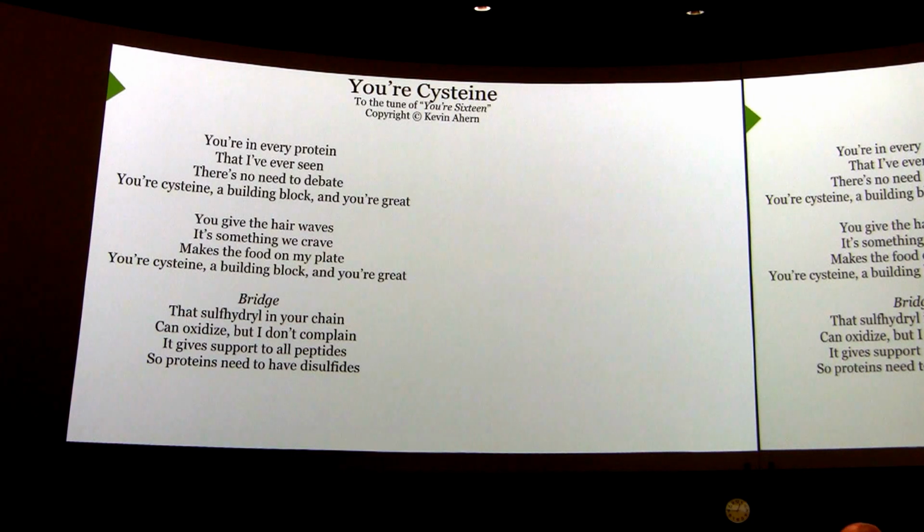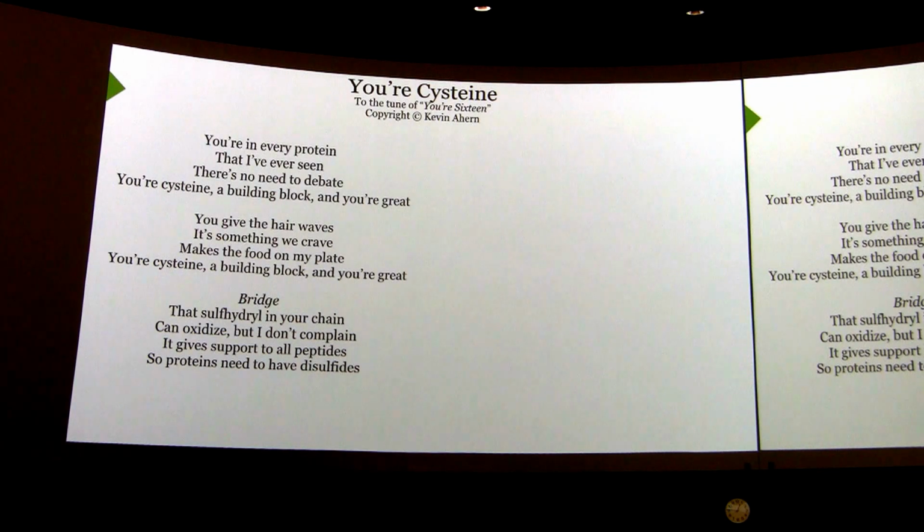You're in every protein that I've ever seen. There's no need to debate. You're cysteine, a building block, and you're great. You give the hair waves, it's something we crave. Makes the food on my plate. You're cysteine, a building block, and you're great.